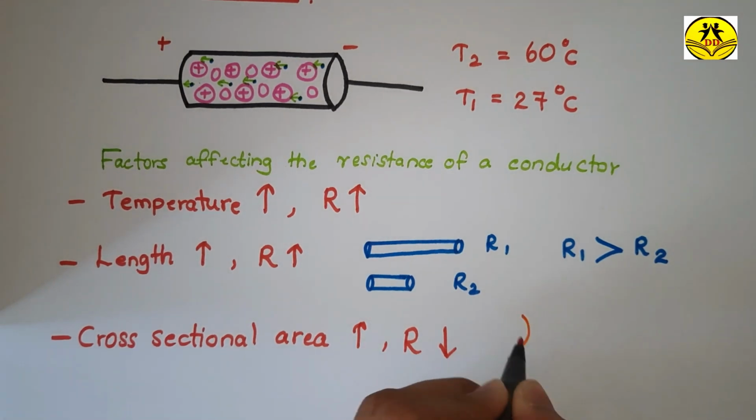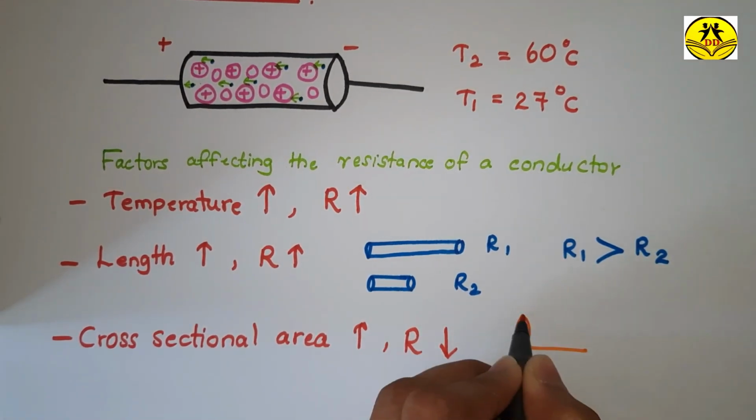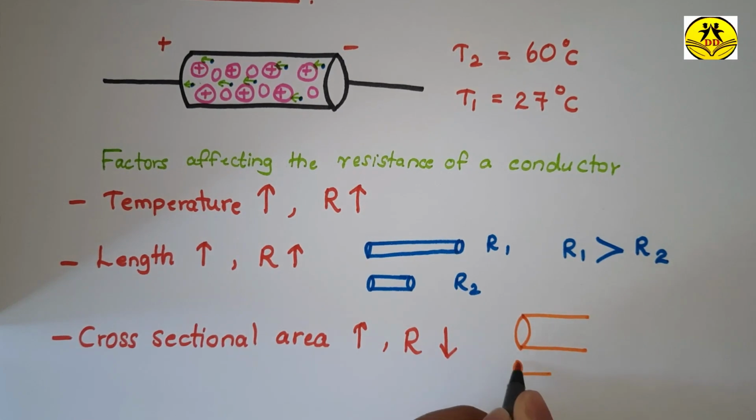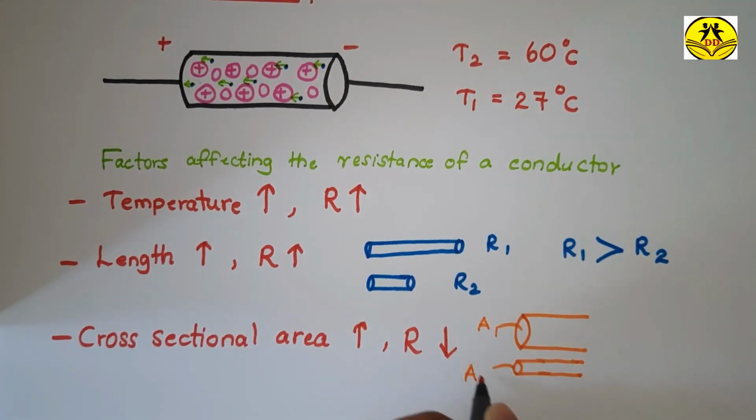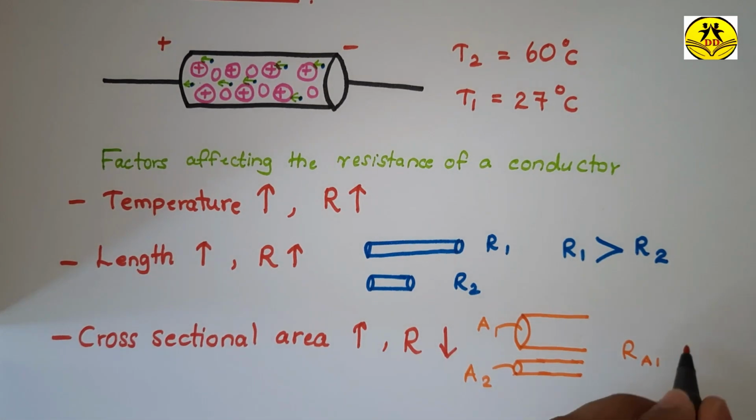Consider a greater cross-sectional area like this and a smaller cross-sectional area like this, the same length here at the same temperature. So A1, A2. Here the resistance of A1 is less than the resistance of A2.